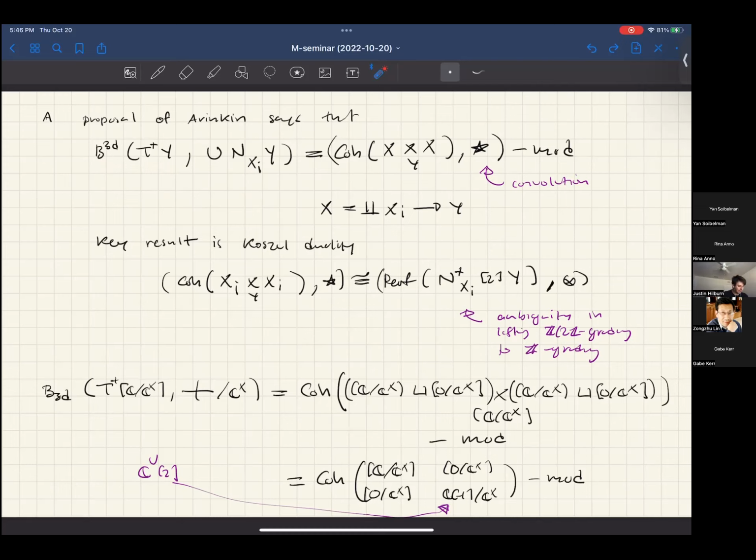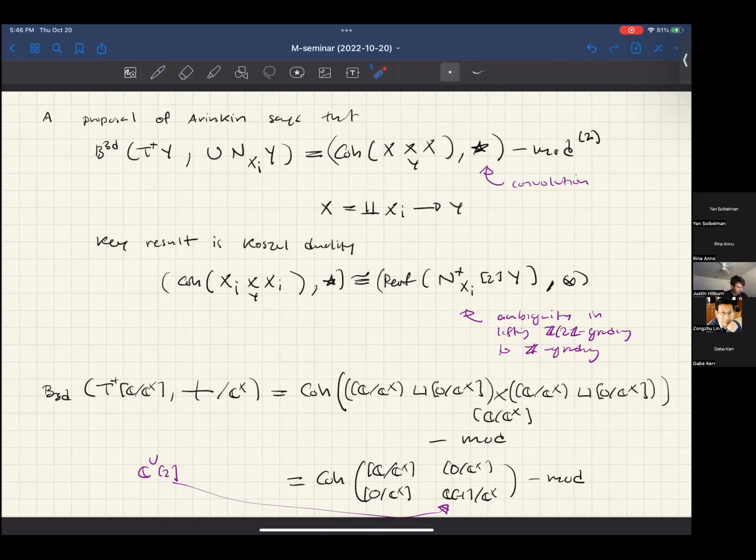Well, I can make a map from X to Y, where X is the disjoint union of the bases of all of my conormals. And I can take the fiber product of X with itself over Y. It turns out that the category of coherent sheaves on that fiber product will have a monoidal structure under convolution. And I can just look at categories with an action of this monoidal category.